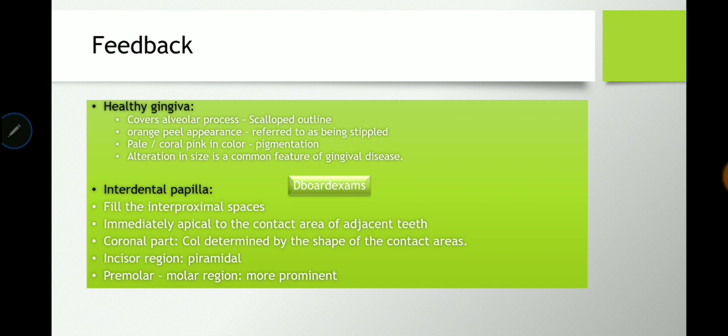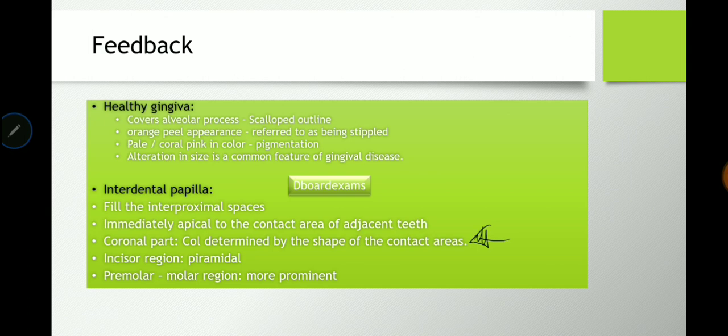Interdental papilla, the healthy interdental papilla has to fill the interproximal spaces, okay. It is immediately apical to the contact area of adjacent teeth. And the coronal portion of the interdental papilla is also called the col. The col is determined by the shape of the contact area. Okay?